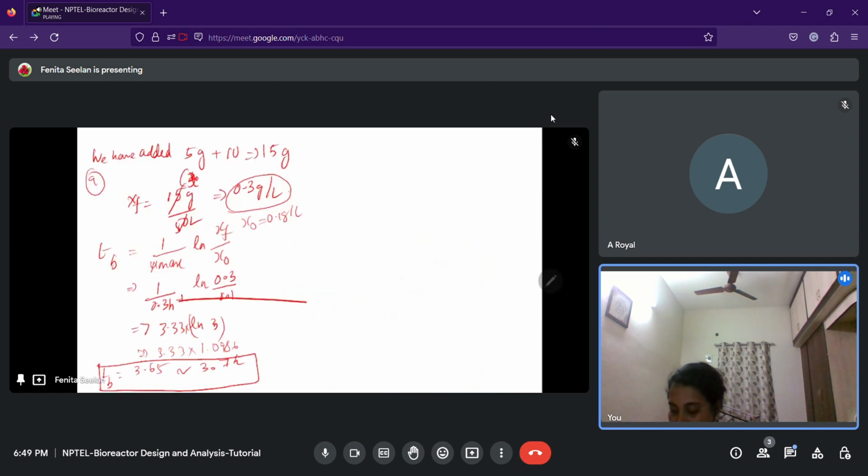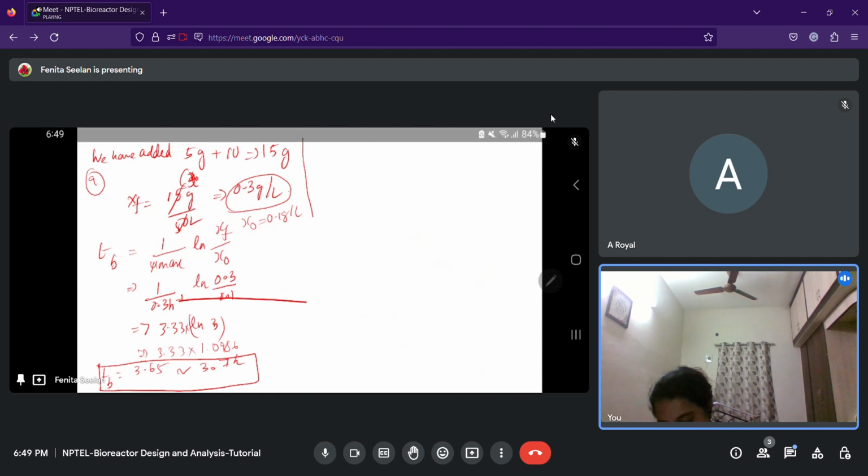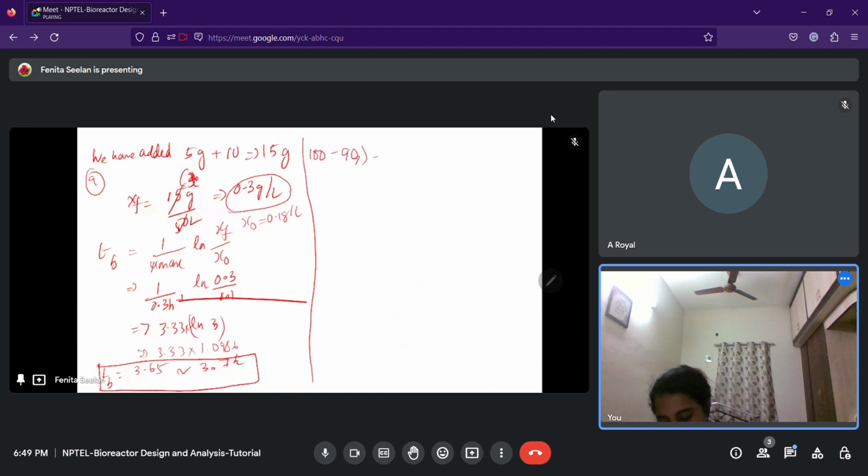If we need 90% substrate conversion, it means 100 minus 90 is 10% remaining. So 90% conversion means the substrate has been 90% already converted, so the final substrate concentration would be only 10%.